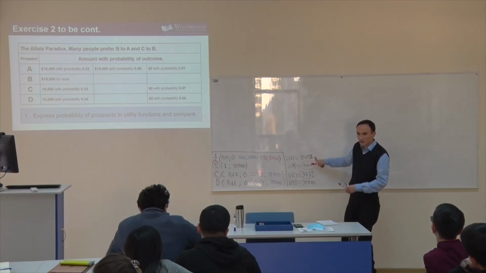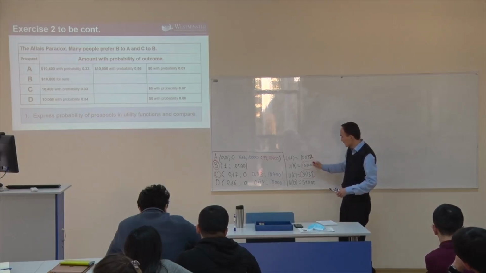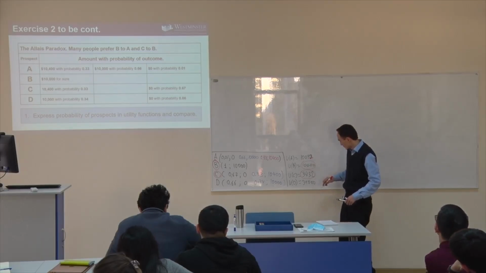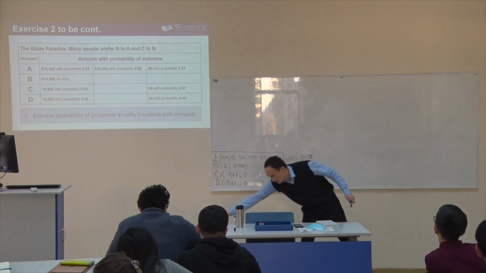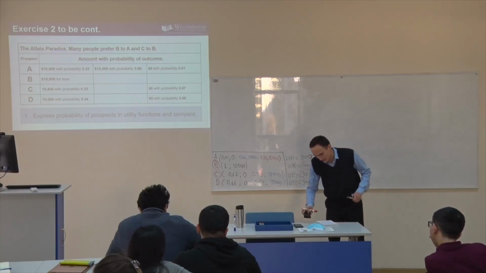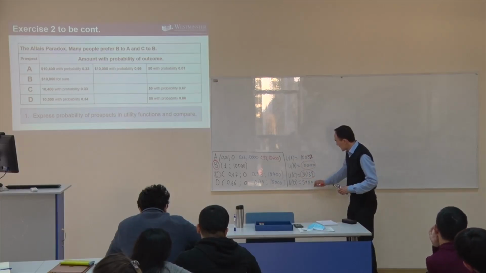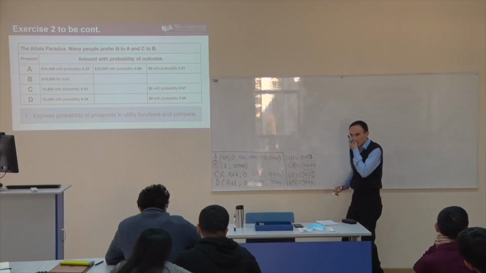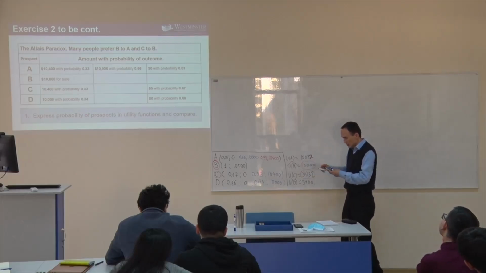Even though expected utility is higher, people are choosing B. And this is 3,400, not 34,000. Okay? So in this case it makes sense, but in this case it's now a puzzling question. So why are they choosing this one?